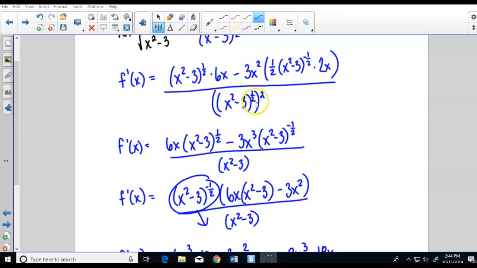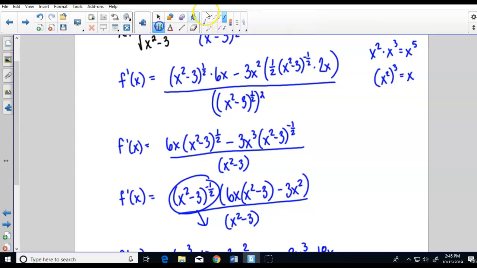Right here, what you have is a little bit different. It's a power raised to another power, so you do not add them, you multiply them. It's the difference between having x squared times x to the third, which would give you x to the fifth, and then having x squared raised to the third power, and that would give you x to the sixth.